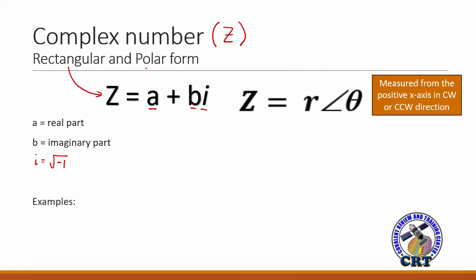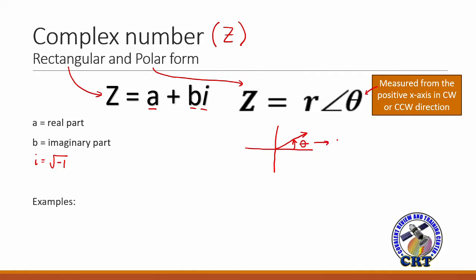While in polar form, z is equivalent to r angle theta, wherein theta is measured from the positive x-axis in the clockwise or counterclockwise direction. Like for example, let's say this is the r and the theta is here. So this theta is measured from the positive x-axis in the counterclockwise direction.